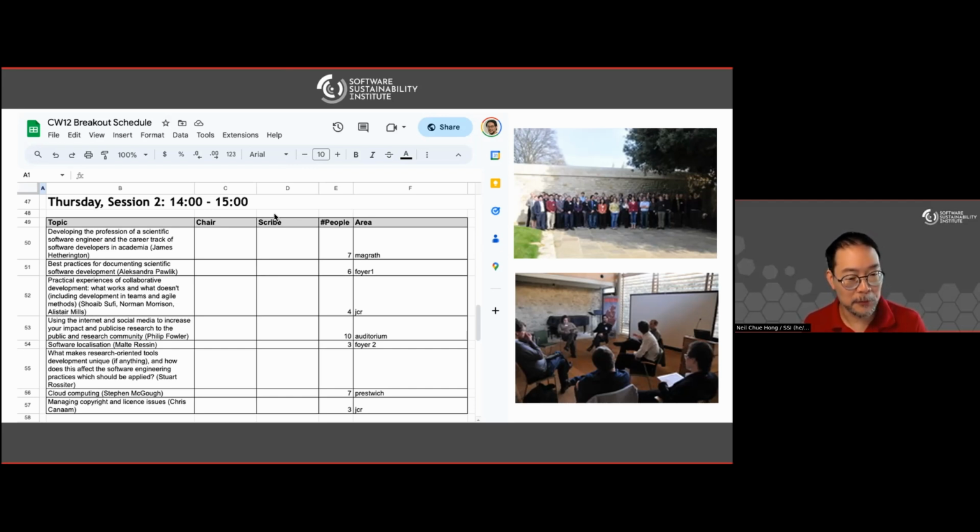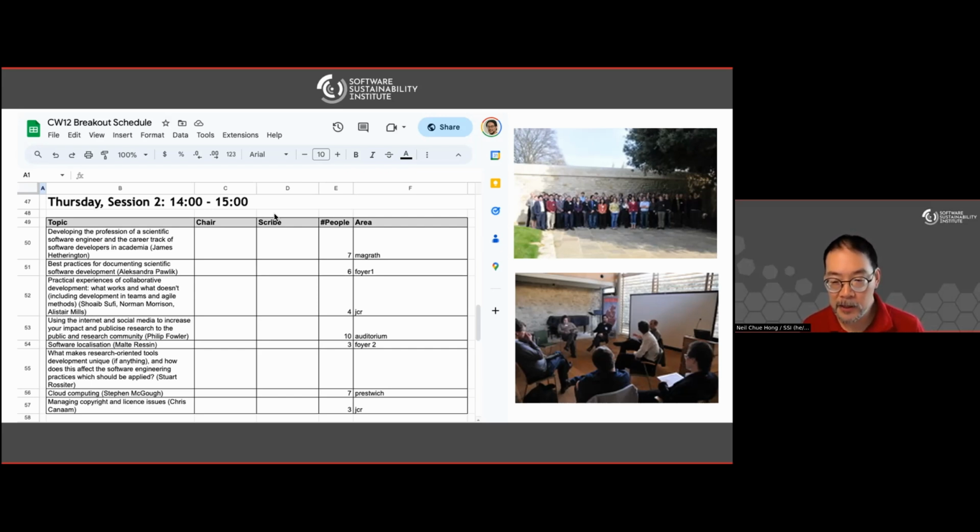And one of the things to note here is it's not even the most popular session in this particular slot. The most popular session is using the internet and social media to increase your impact and publicize your research. So you can see that there have always been different priorities across the research software community, but I'm very glad that we did start off with this discussion.